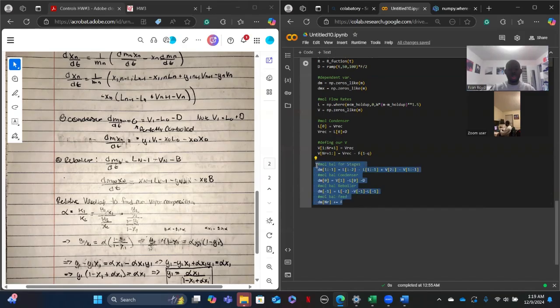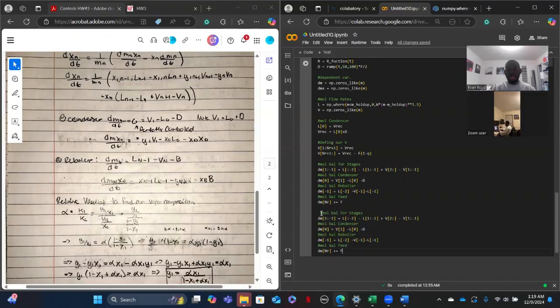And then what we're going to do here, we can actually copy and paste this, because if you remember, our mole fractions, we just have to add our components. So for liquids, we add our liquid mole fraction.